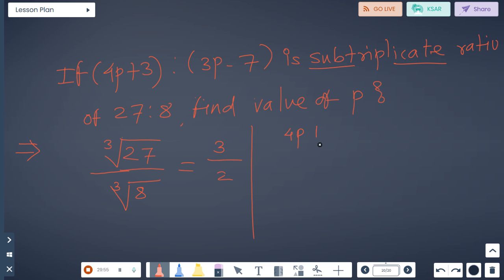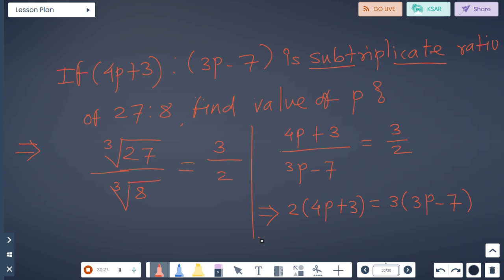Means 4p plus 3 upon 3p minus 7 is equal to the sub-triplicate ratio of 27 is to 8, which is 3 upon 2. After simplification we get 2 in bracket 4p plus 3 is equal to 3 in bracket 3p minus 7.